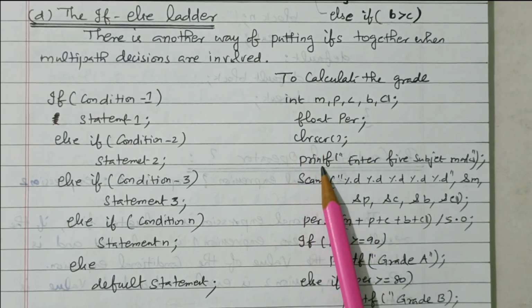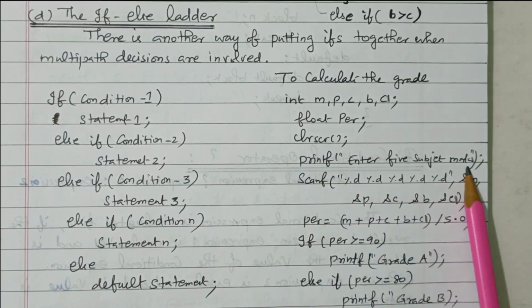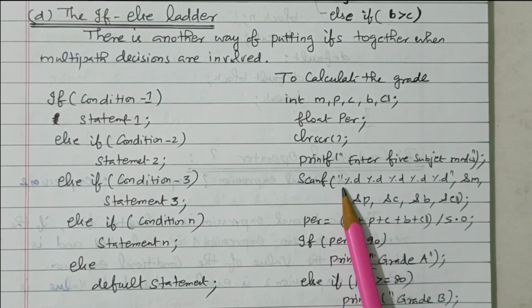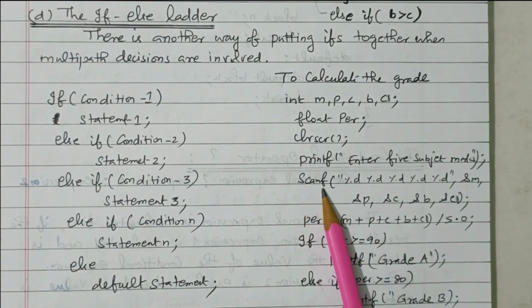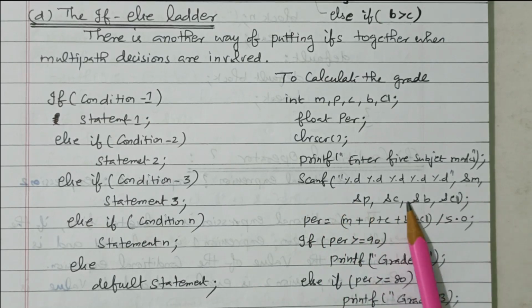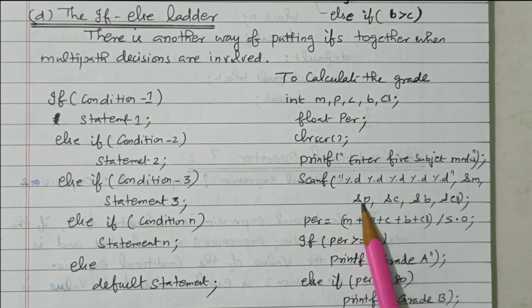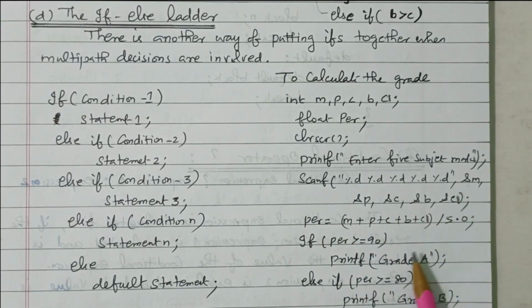After clearing the screen, we ask the user to enter 5 marks using the printf statement. These 5 marks entered by the user are read by the scanf statement and stored in the particular variable names. Now we got the marks for 5 subjects. Now we can calculate the percentage.